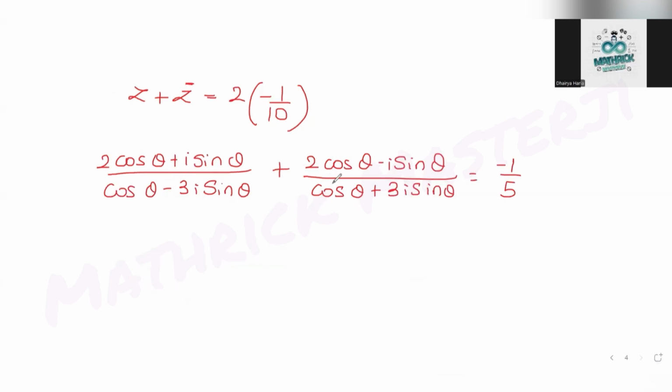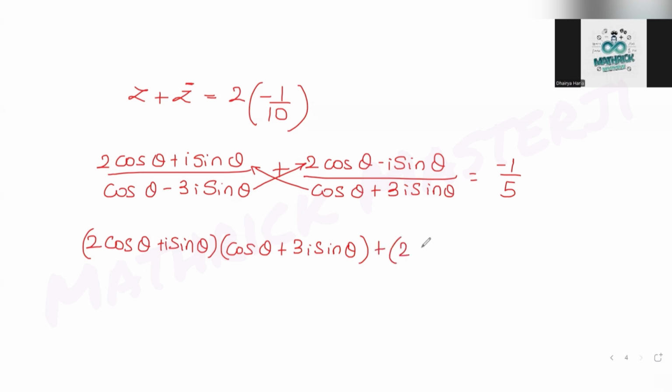Now if I cross multiply, I get (2 cos theta plus i sin theta) multiplied with (cos theta plus 3i sin theta), plus (2 cos theta minus i sin theta) multiplied with (cos theta minus 3i sin theta).